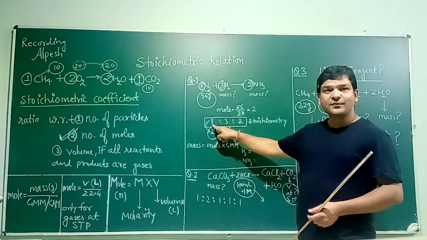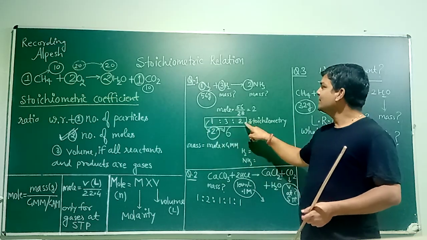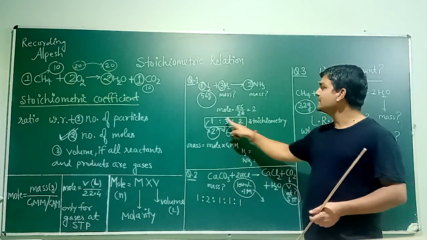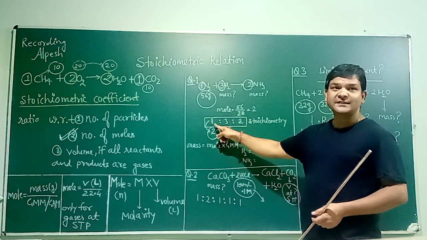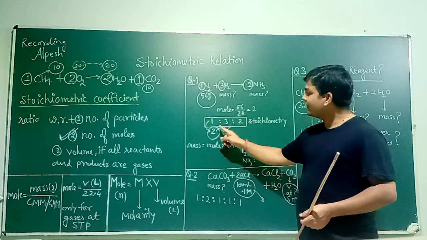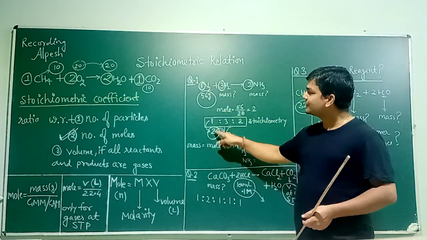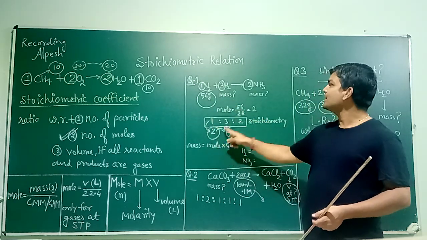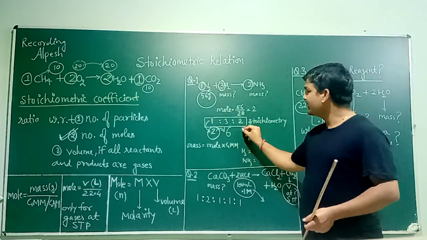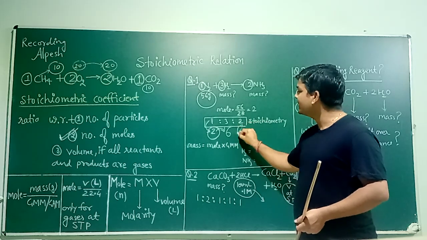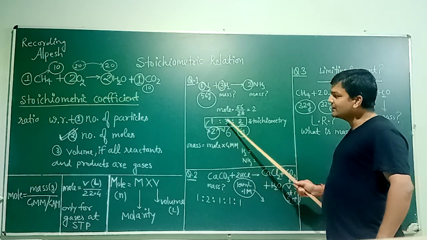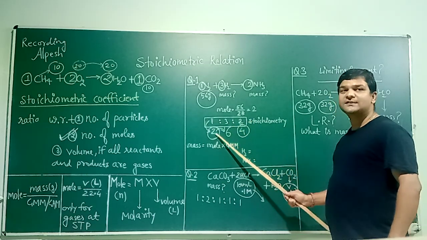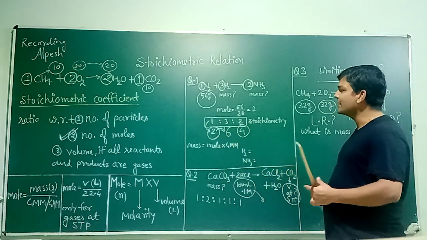Similarly, 1 mole of nitrogen gives 2 moles of ammonia. Here you can see nitrogen and ammonia; the ratio is just double, 1:2. So if we have 2 moles as per the question, the amount of ammonia should be double. It means the amount of ammonia will be 4 moles. So you can see the ratio is the same, 1, 3, 2, and now it is 2, 6, 4.